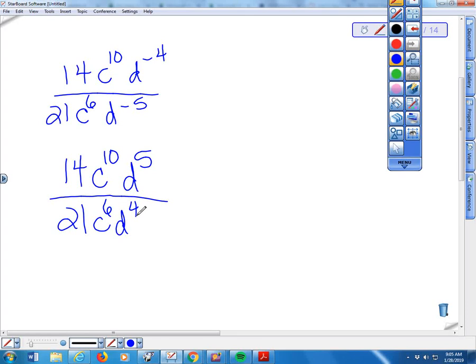Okay? And now I go through the process of simplifying. C to the 4th. 5 minus 4 is 1. Same answer. So you could go ahead and just subtract first and then decide if you need to flip at the end, or go ahead and flip first and then subtract to simplify.